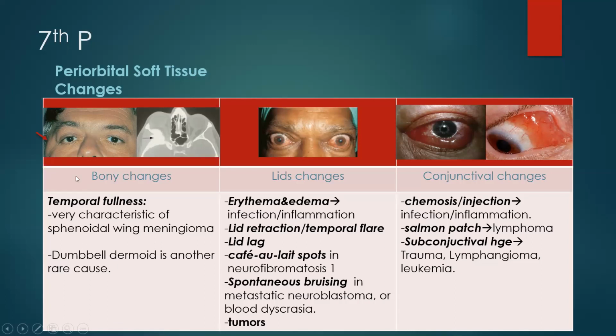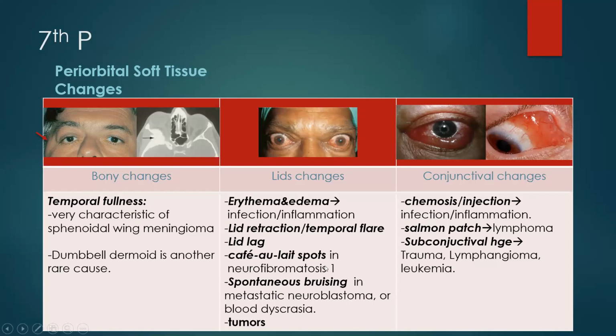It can also happen with a double dermoid, which, as we said, is a dermoid situated in the temporal area with a connection through the lateral orbital wall to another part intraorbital.